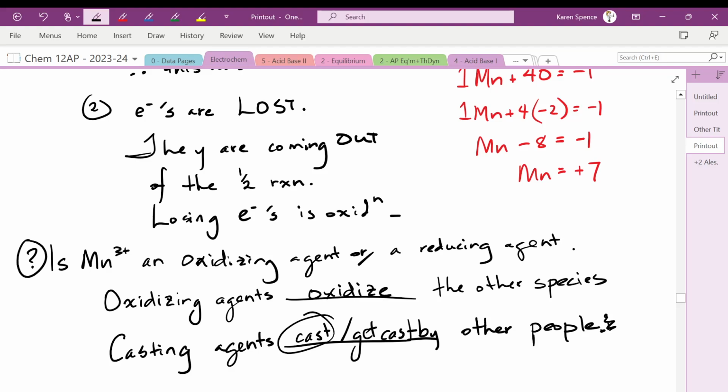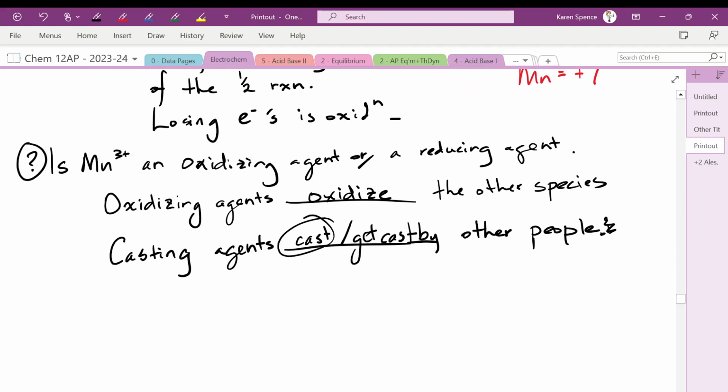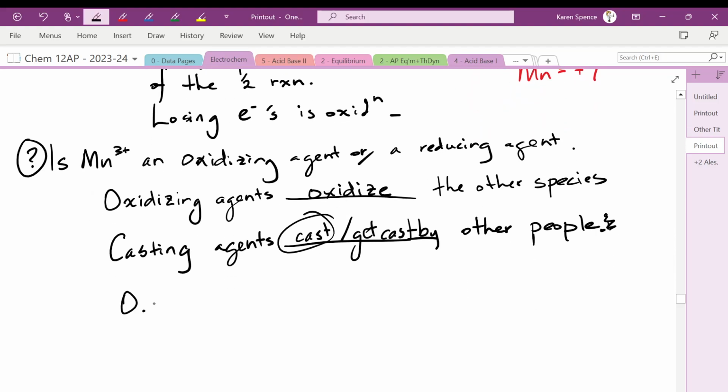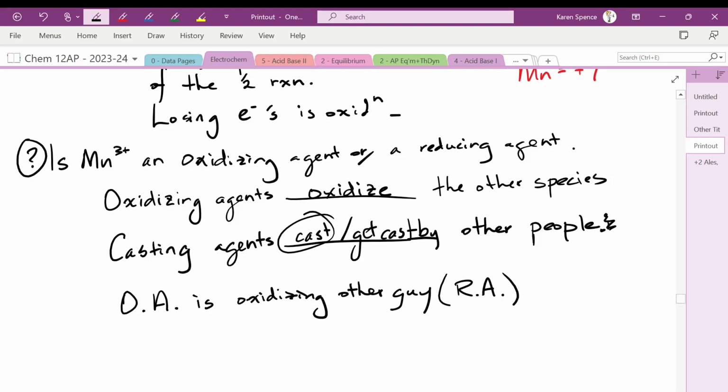So if they are oxidizing the other guy, which is the reducing agent, what are they doing to the reducing agent? No, they're oxidizing the other guy, but what's physically happening when they oxidize the other guy?